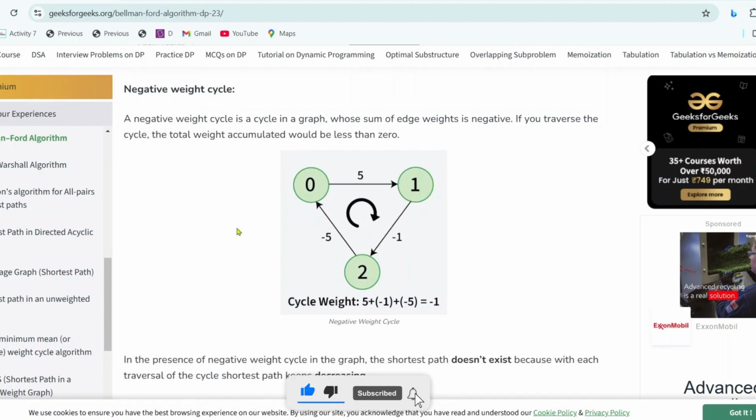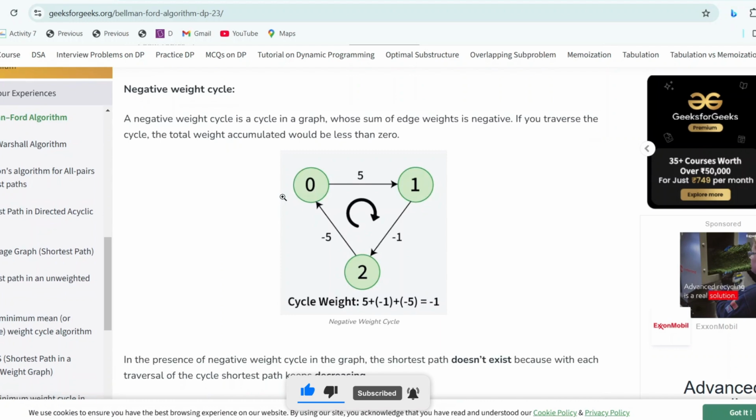Keep in mind that if you start from node 0 and travel around the graph and reach the same node 0, then the weight should be equal to 0. It should never be less than 0.